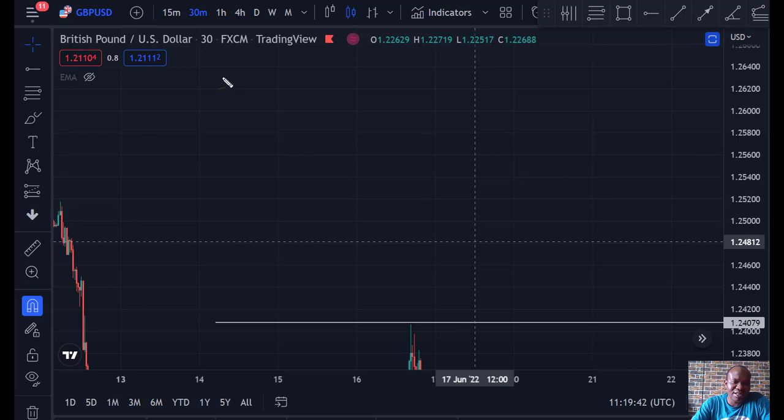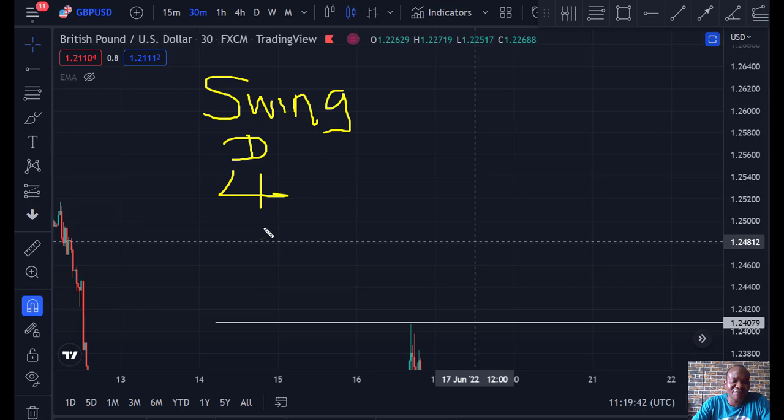If you're a swing trader, we need to pay attention to daily charts and 4 hours, guys. Daily charts and 4 hours is king for swing traders. For day traders, we pay attention to 4 hours and 15 minutes or 30 minutes, guys. This is what we pay attention to.